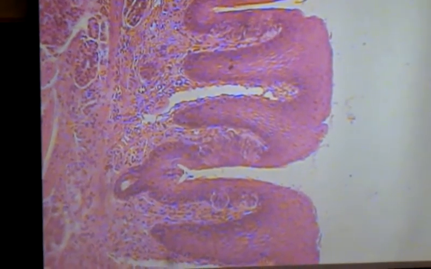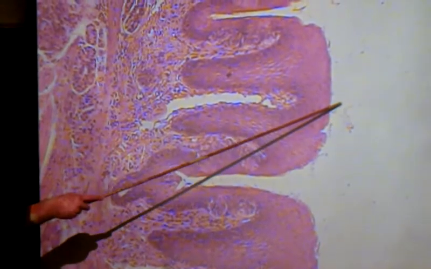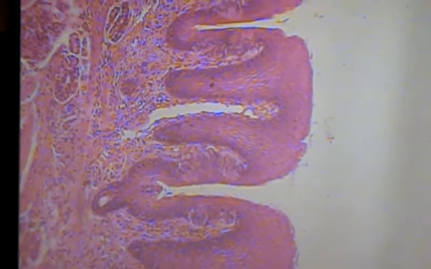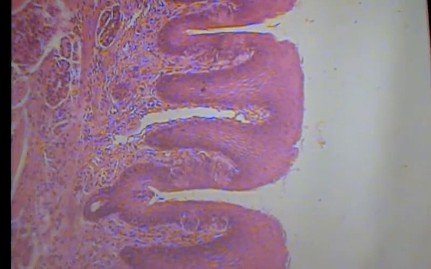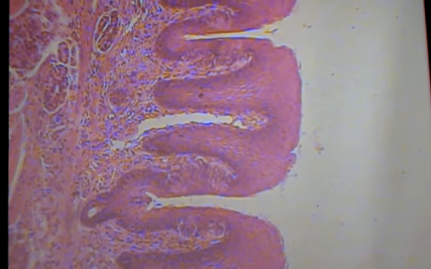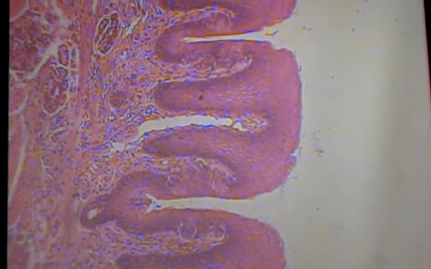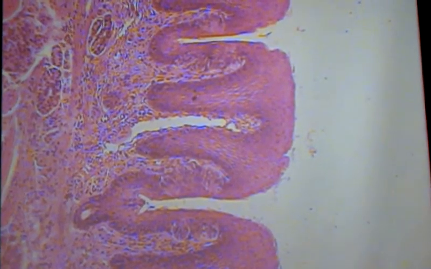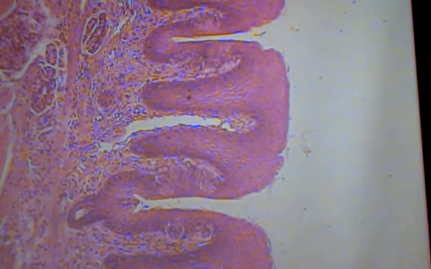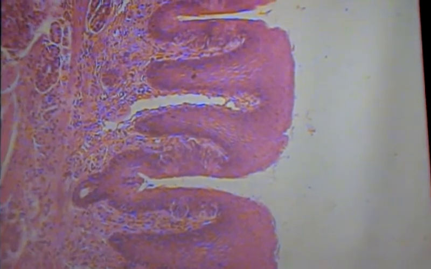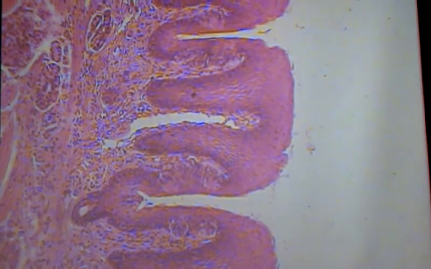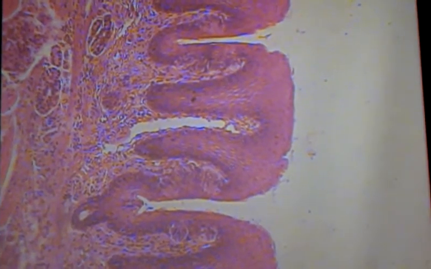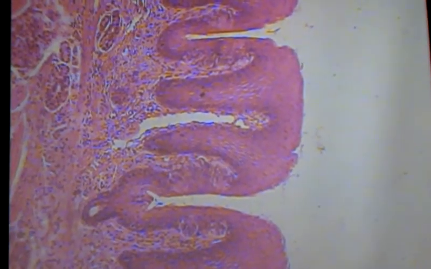Now, because this is a free surface at the tongue, we have an epithelium. The epithelium is a stratified squamous epithelium. Now, depending on the book or the histology atlas that you reference, and depending on the type of papilla, there's 4 different kinds of papilla, sometimes the epithelium is non-keratinized, sometimes it's keratinized, sometimes it's intermediate between the two, and they call that para-keratinized.